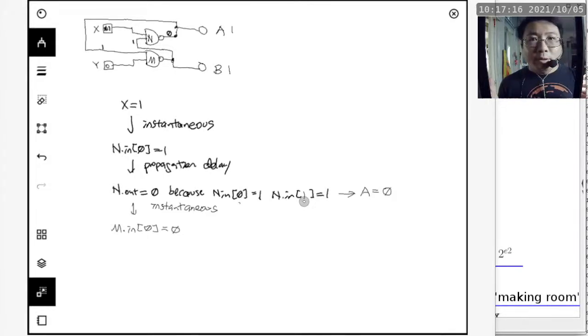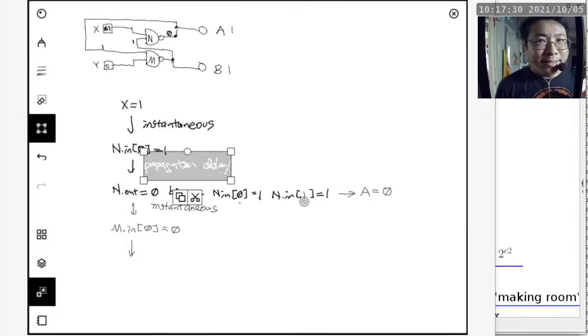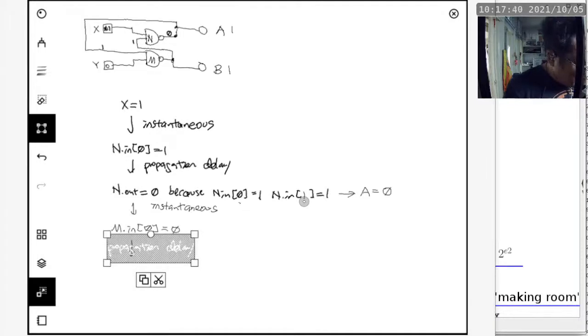But now we have to look at M and ask, is M going to change its behavior? That does have a propagation delay, because now we are looking at the change of the input pins, and it does take a little bit of time for a gate to respond to the changes of the input to, quote-unquote, potentially change the output. So there is a propagation delay in this case.